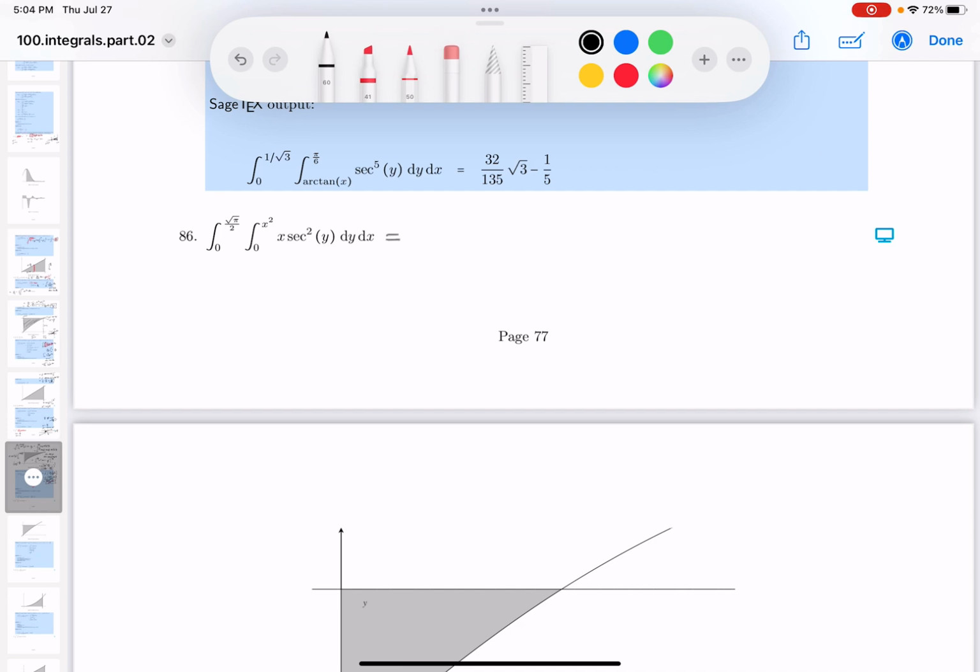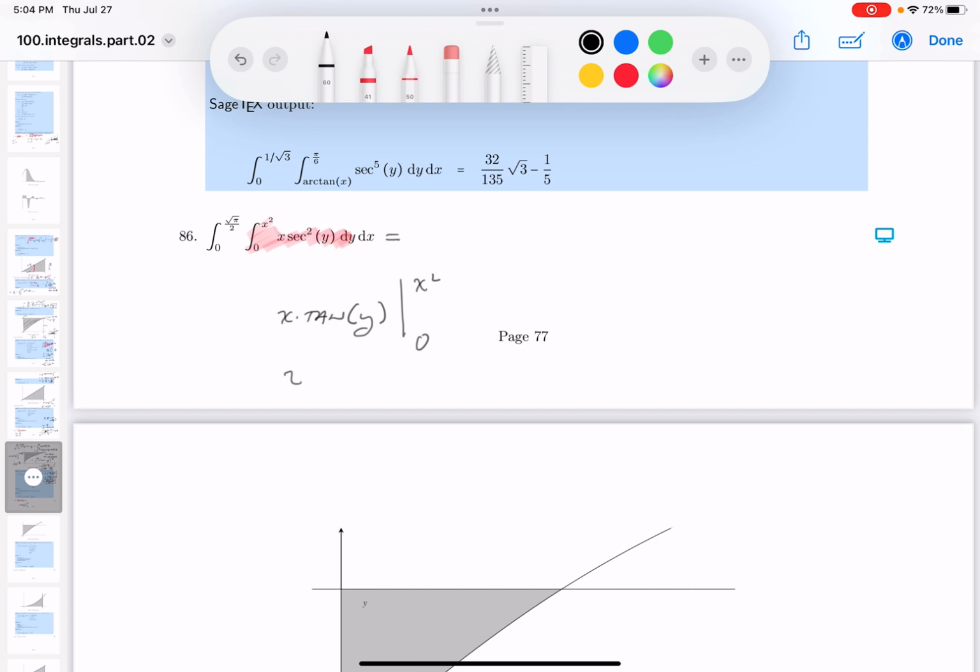For example, integrating this thing over here, I treat x as a constant, pull it out. Do I know the antiderivative of secant squared? I do. It's just simply tangent. So what do you get? x times the tangent of y, and that's going to go from 0 to x squared. All right? So this is what the y is.